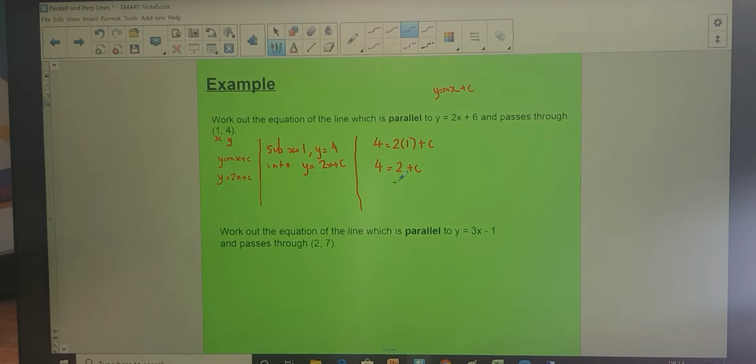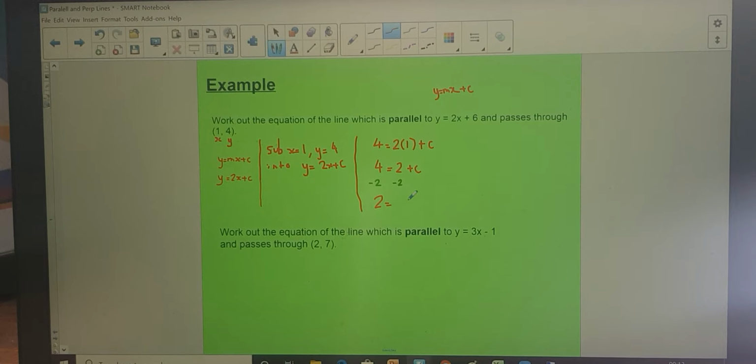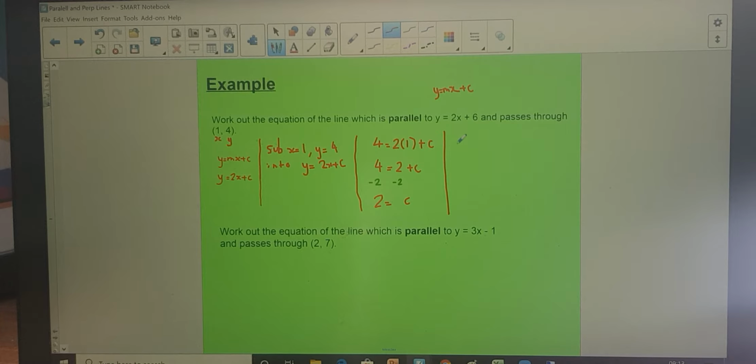So I'm going to take away 2 on both sides. 2 equals c. I know my y-intercept is therefore 2. I'm going to get y equals 2x, and I've just worked out that my c is positive 2. So y equals 2x add 2.